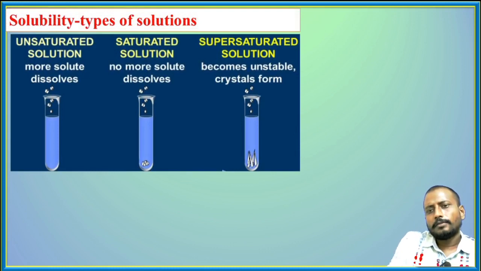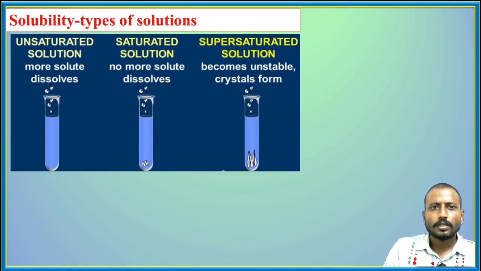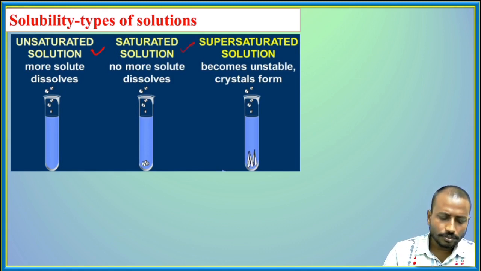So depending on the solubility of solid in a liquid, the solutions are categorized into three types. So now the topic is solubility and the types of solutions. Depending on the amount of solute dissolved in water to make the solution, the solutions are of three categories: unsaturated solutions, saturated solutions, supersaturated solutions.